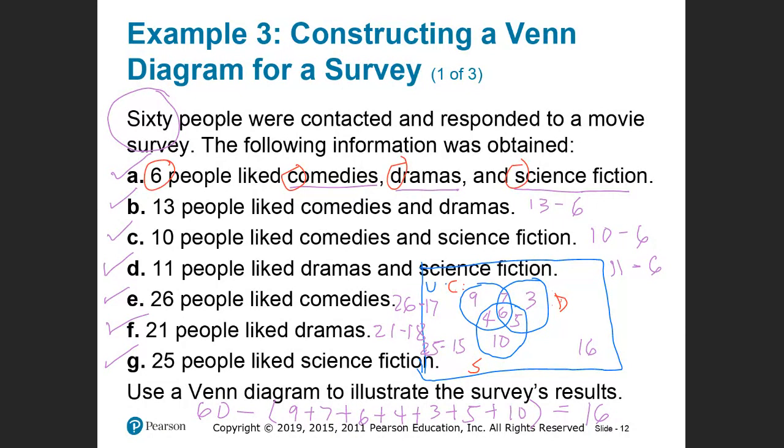Okay? And don't forget that the word and means intersection. The symbol for that one is the inverted U. For or, that would be union, and the symbol would be U. And for the word not, that would be complement.